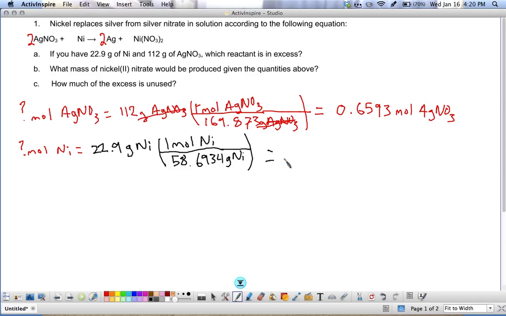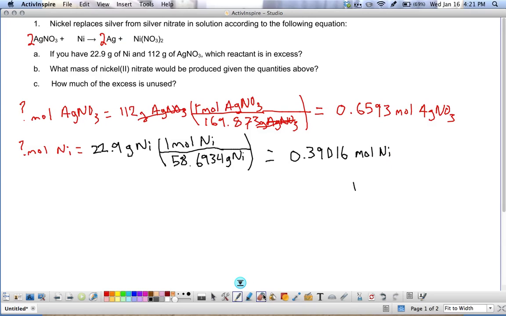And in this case, we get 0.39016 moles of nickel.